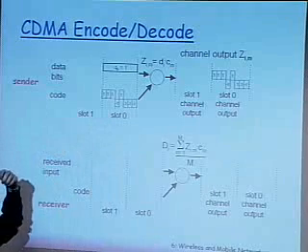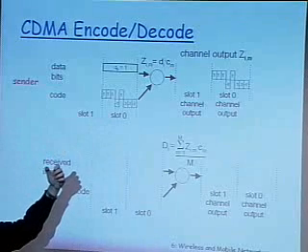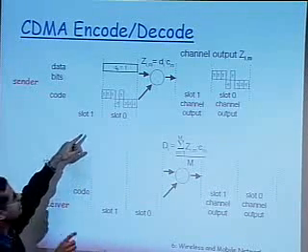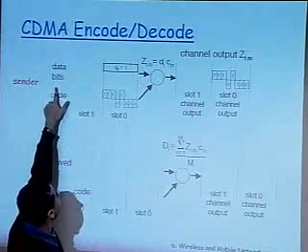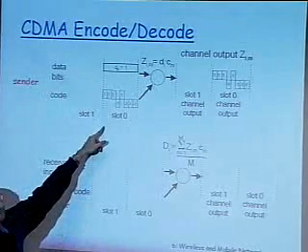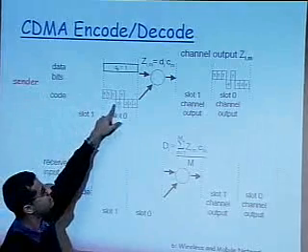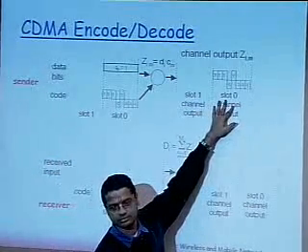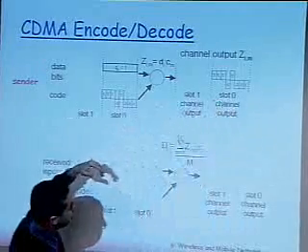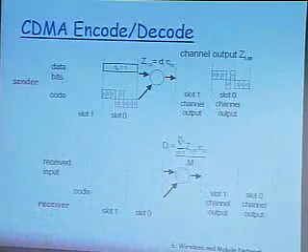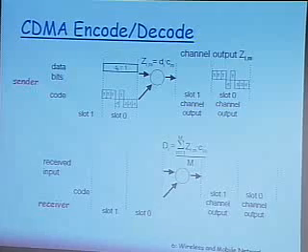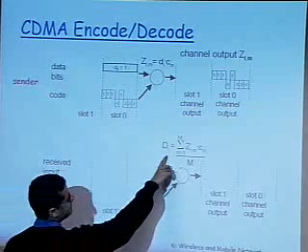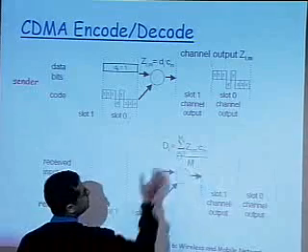Your signal, what you're going to transmit on the channel, is going to be the data bit times the code. So +1 times this becomes this signal. Everyone else is going to transmit similar signals like this, and the receiver will receive a summation of all the signals.